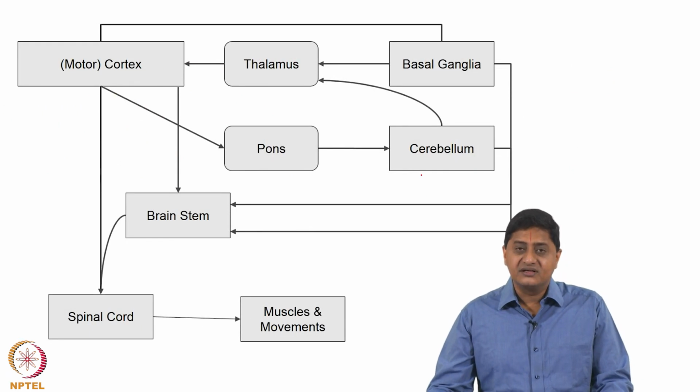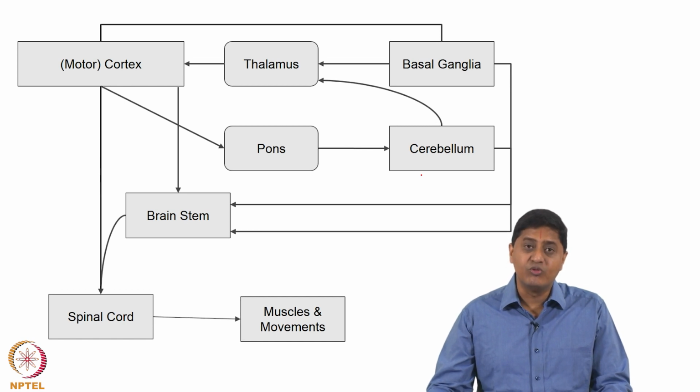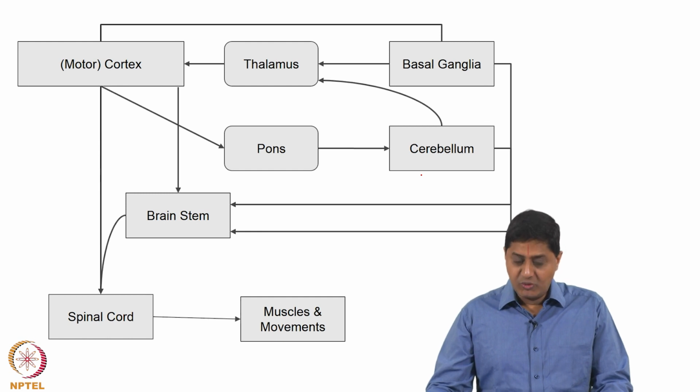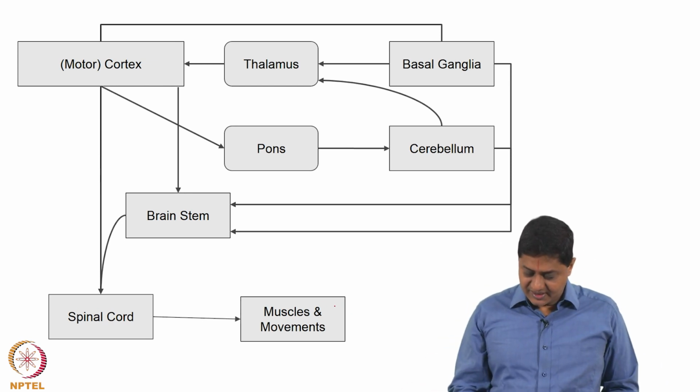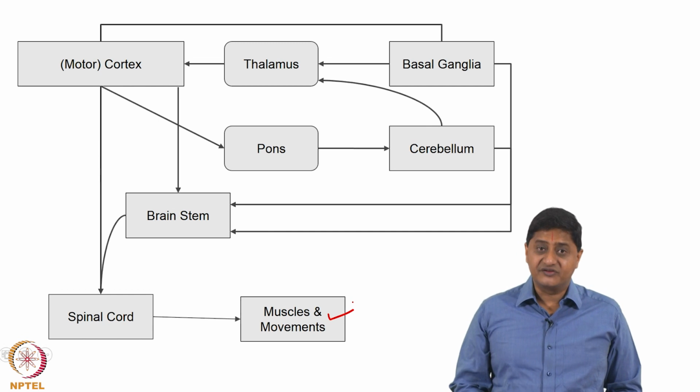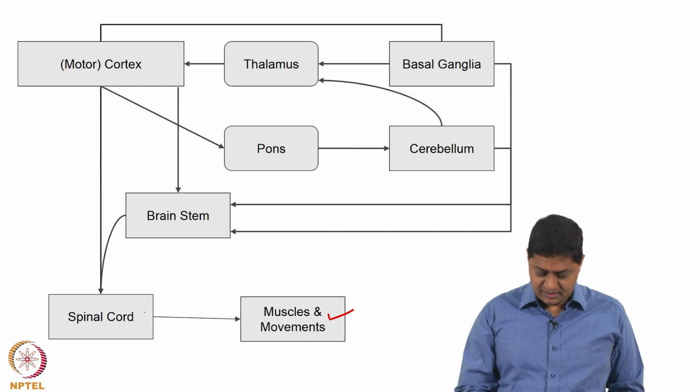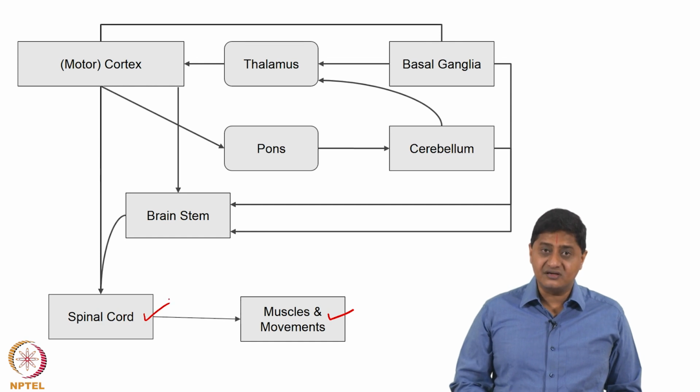But before that, let us discuss the role of basal ganglia in movement generation, because this is a course on neuroscience of human movement. Let us go back to our original slide on movement related structures and their contributions. We said movements are generated by muscles. We have discussed the physiology and the neurophysiology of muscle function, and muscles themselves are controlled by spinal cord or spinal motor neurons.